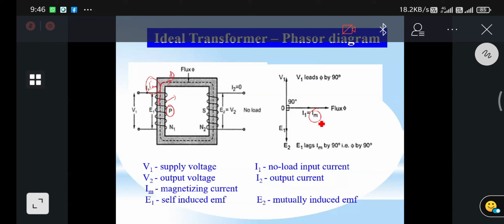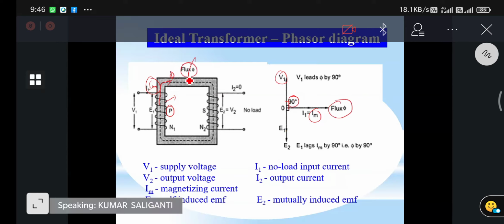This Im, due to the inductive coil of the primary, lags behind the applied voltage by 90 degrees. This current produces the alternating flux here.